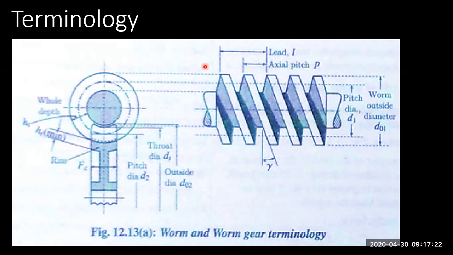So in one revolution here, the lead moves a certain distance, and you have the helix angle shown as gamma. So the notation we use here will be gamma, and you can see the worm wheel also here. This is a cross section of the worm wheel. Okay, so this has a little bit of radius.